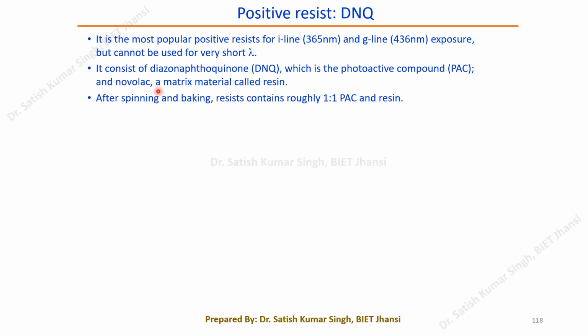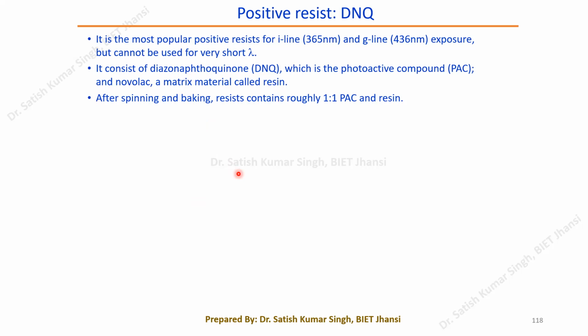Initially its dissolution rate was around 15 nanometers per second, but once we mix it with DNQ, diazonaphthoquinone, the dissolution rate of Novolac, our base material, gets reduced to around 1 or 2 nanometers per second.